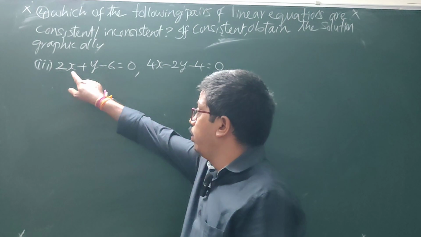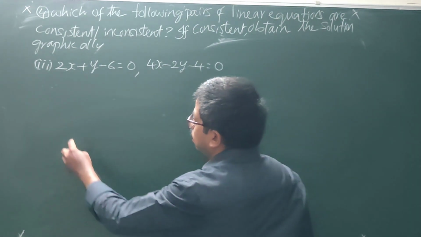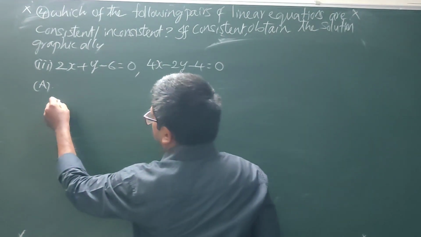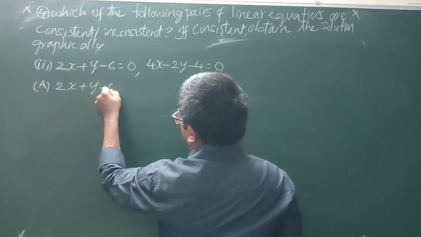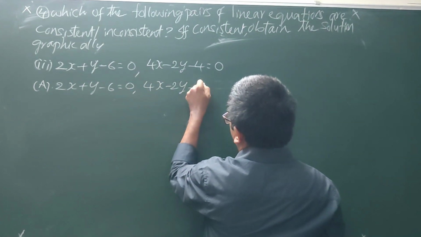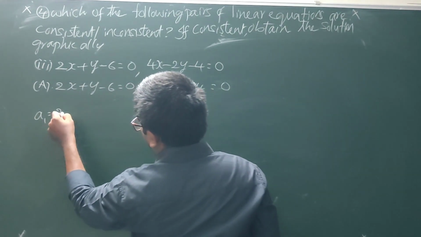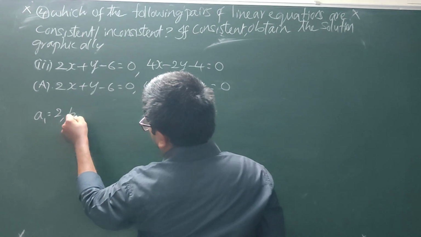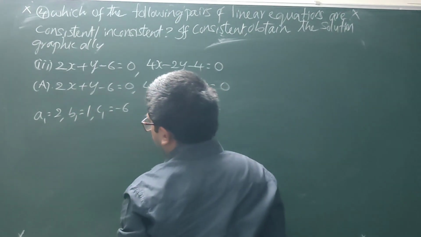Third one, 2x plus y minus 6 equal to 0, 4x minus 2y minus 4 equal to 0. a1 equal to 2, b1 equal to 1, c1 equal to minus 6.